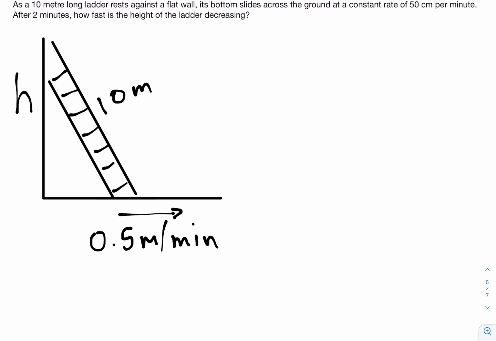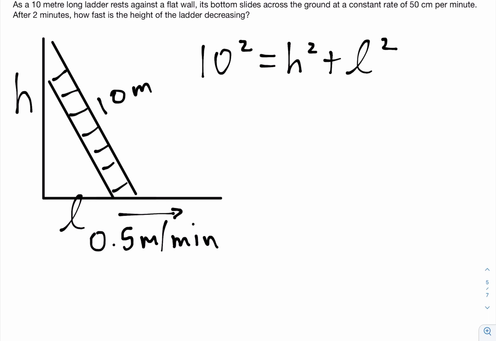Let's call this length from the ladder to the wall L. And we don't really need a variable for the hypotenuse, honestly, because it's just going to be 10. So we can say 10 squared equals the height squared plus the length squared. So the length from the wall of the ladder squared plus the height of the ladder vertically is equal to the hypotenuse of the ladder squared.